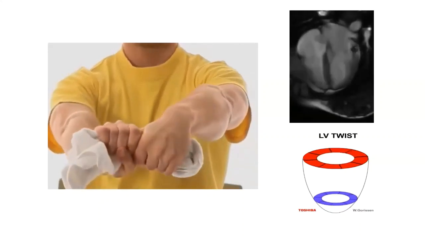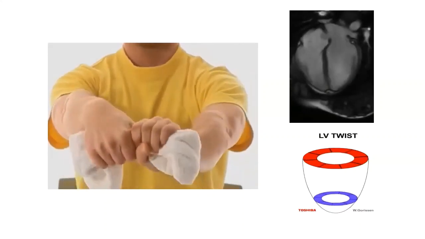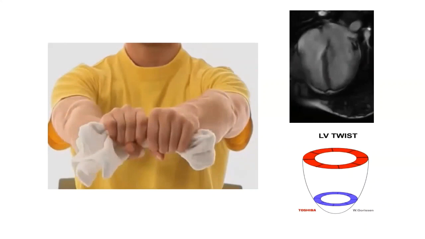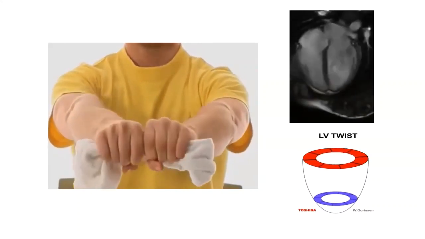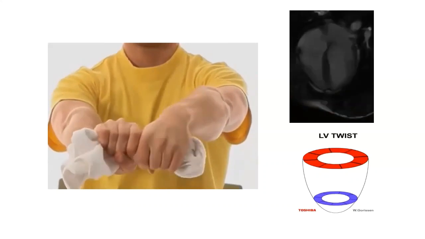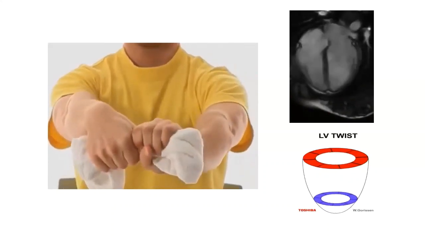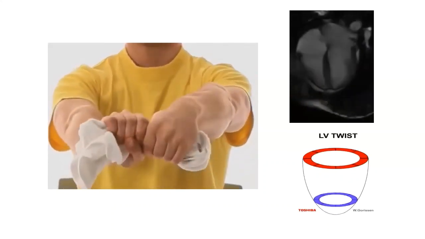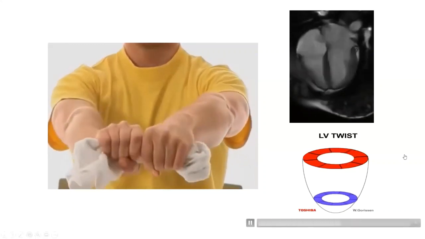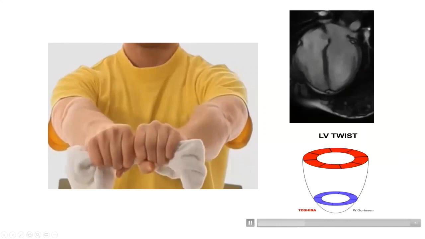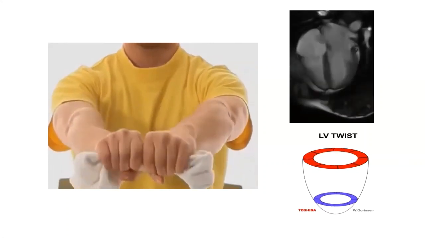The untwisting allows for diastolic suction. So in fact, we are not dealing with separate systolic and diastolic motions, but one continuous motion that feeds on each other. And because of advances in imaging, we now can quantitate a number of these activities.